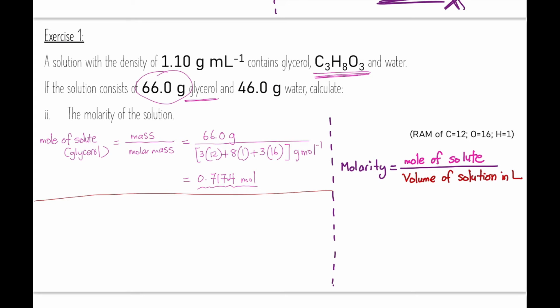So density is equal to mass of solution divided by the volume of solution. The density of the solution is 1.1 gram per milliliter.